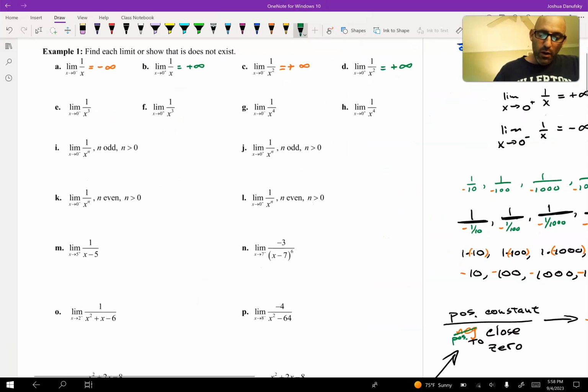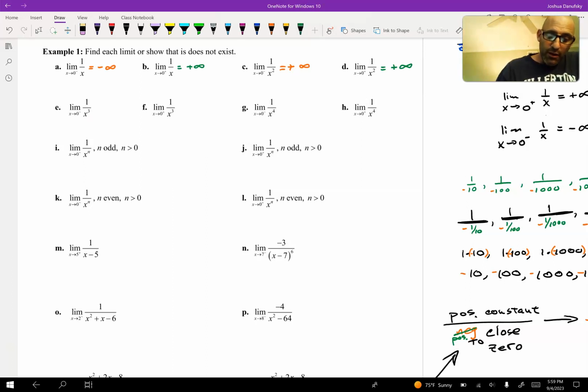Next, what happens when we cube numbers? Well, when you cube a number, if it started off positive, it stays positive. And if you cube a number that started off negative, it's going to stay negative, right?